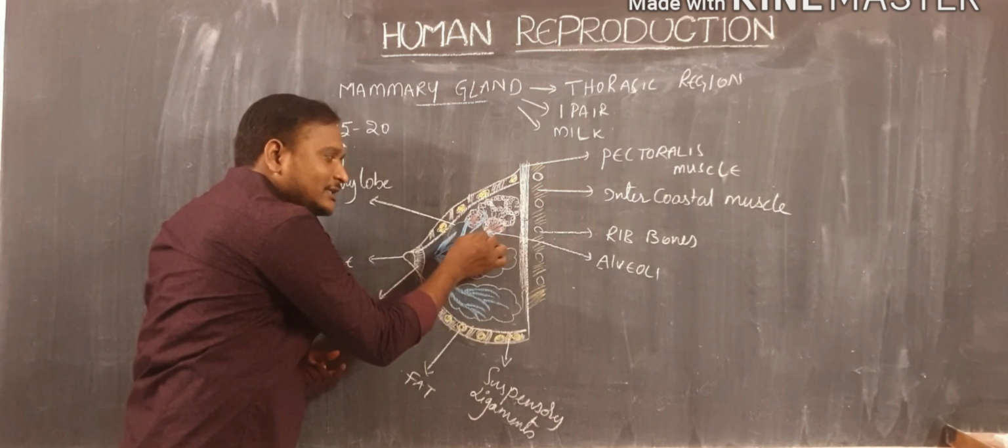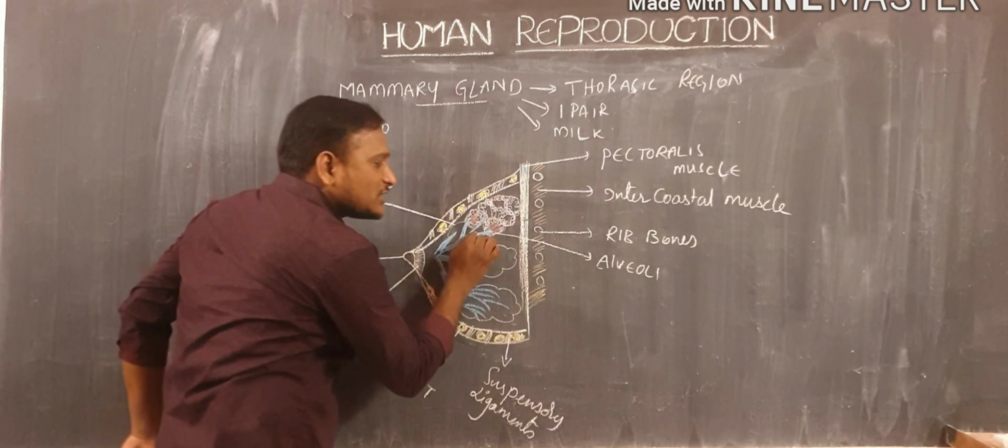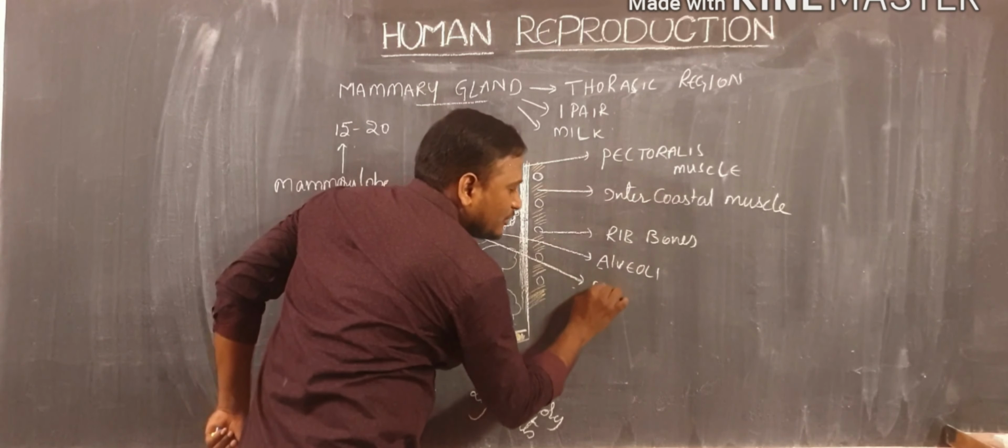That milk is collected by a small tube-like structure which is also called the mammary tubule.